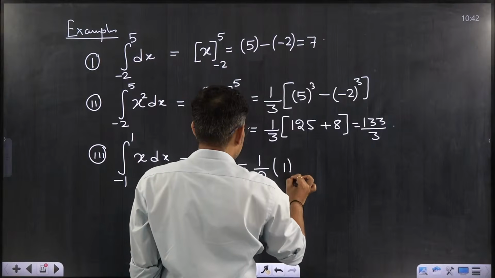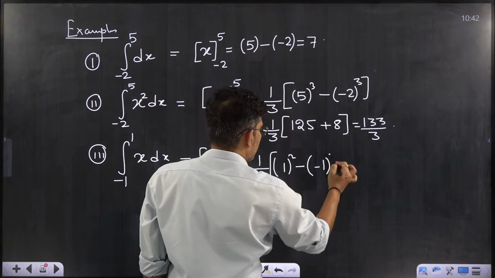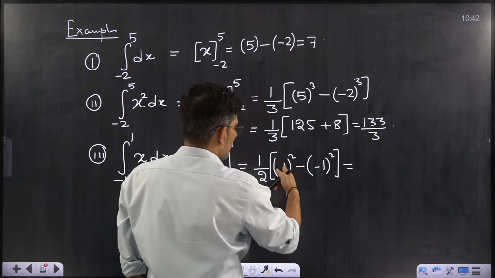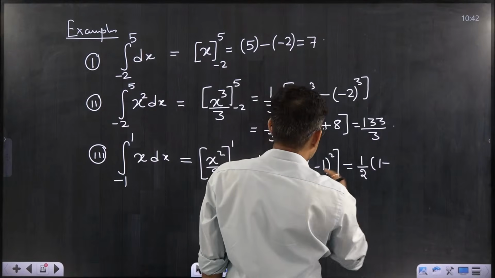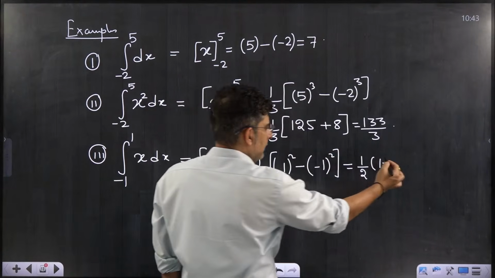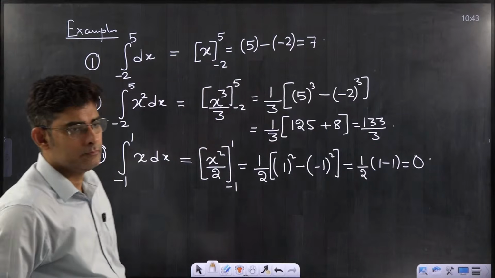First I will take 1 square, minus, now I will take minus 1 square. So what I will get is 1 minus 1, since minus 1 square is plus 1, you will get 0.